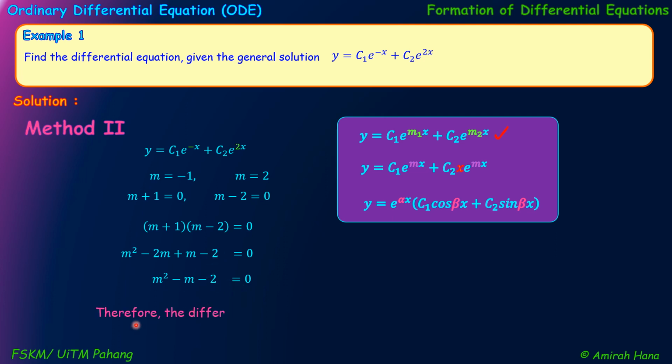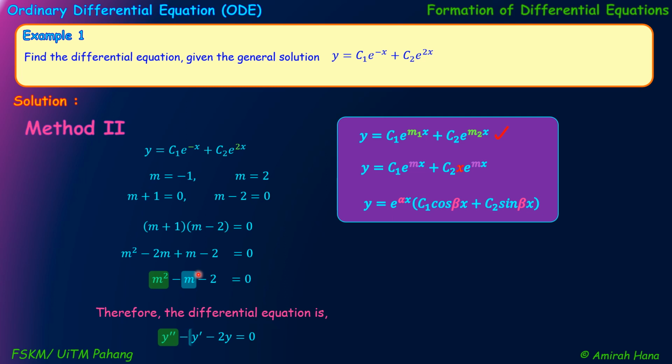Then we can write the differential equation as y double prime minus y prime minus 2y equals 0. Why do we get this? We recall that m squared minus m minus 2 equals 0 is the characteristic equation. Here m squared means y double prime.